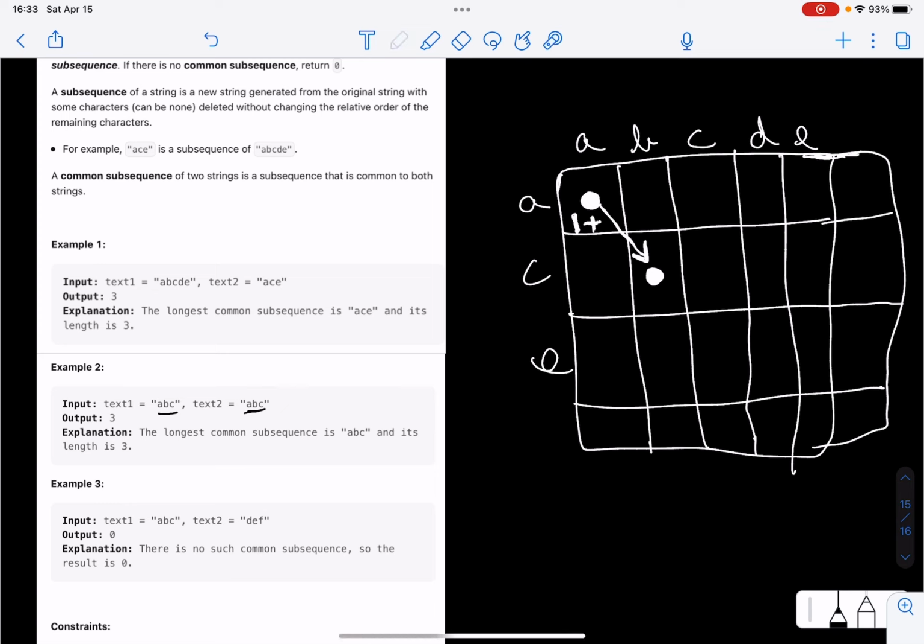But as we saw, B and C are not equal, which means we have to look at two possible strings.